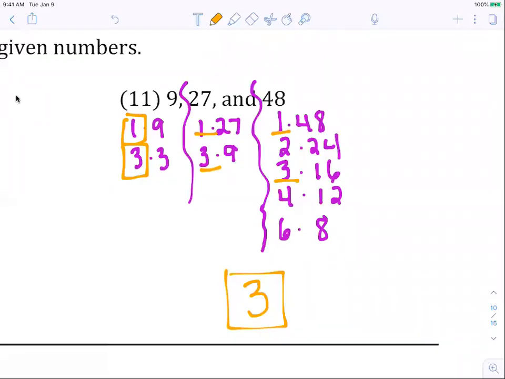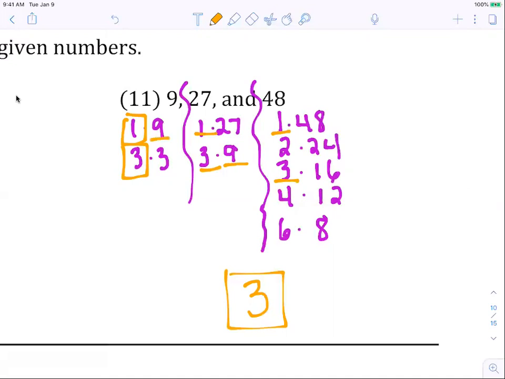All right, you should have gotten your GCF, your greatest common factor, to be 3. Now be careful with this one. Hopefully you got the same numbers that I did. When you have 3 numbers, it has to be a number that's listed in all 3 lists. One number that sometimes confuses some is that 9 shows up in 2 of the lists.